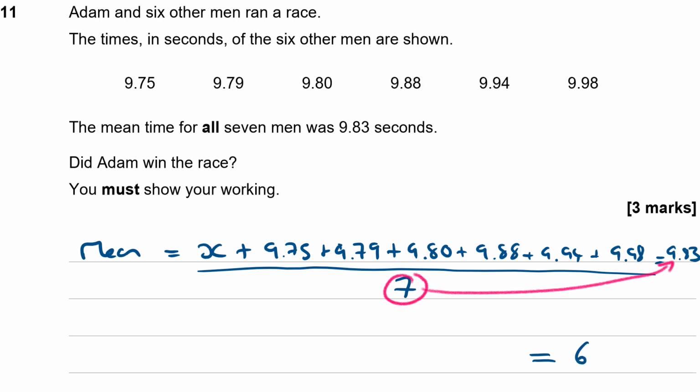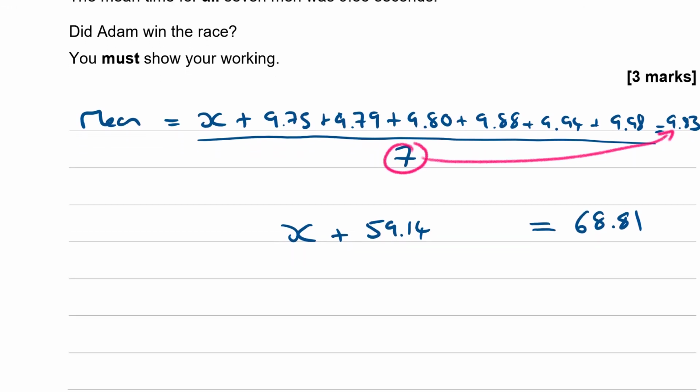So I'm going to write 68.81 this side, and then on the other side I've got x plus all those other 6 gents' times. I'm going to quickly add those up. 9.75 plus 9.79 plus 9.8 plus 9.88, 9.94 and 9.98, which comes to 59.14. Okay, so now we just need to solve for x.